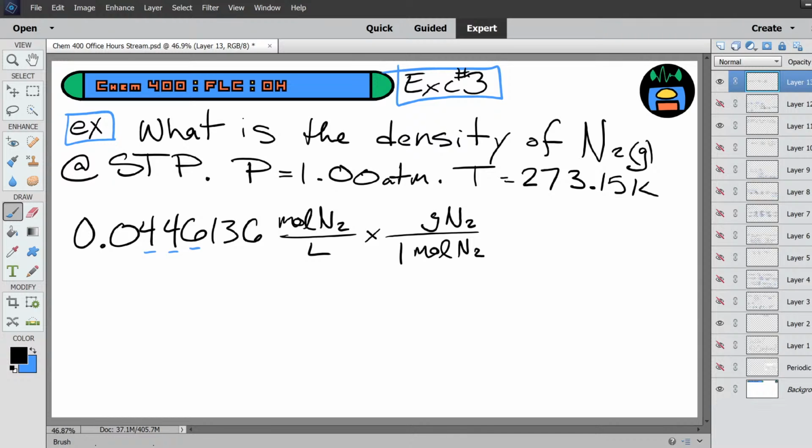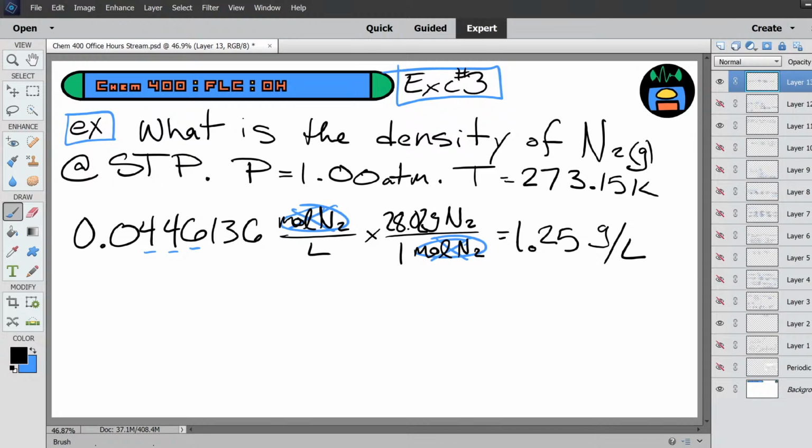One mole of N2 gas has a mass of 28.02 grams. And so now we just crunch our numbers. N2 gas at STP will have a density of 1.25 grams per liter.